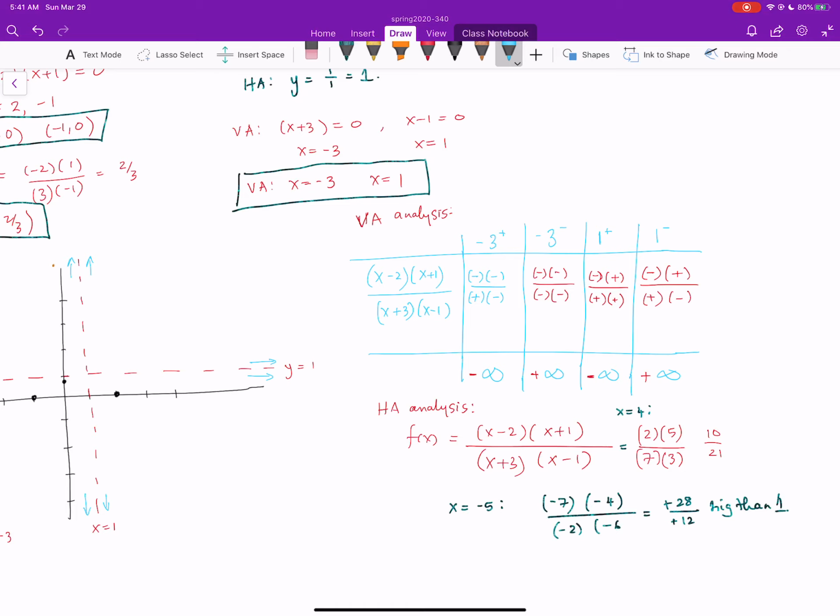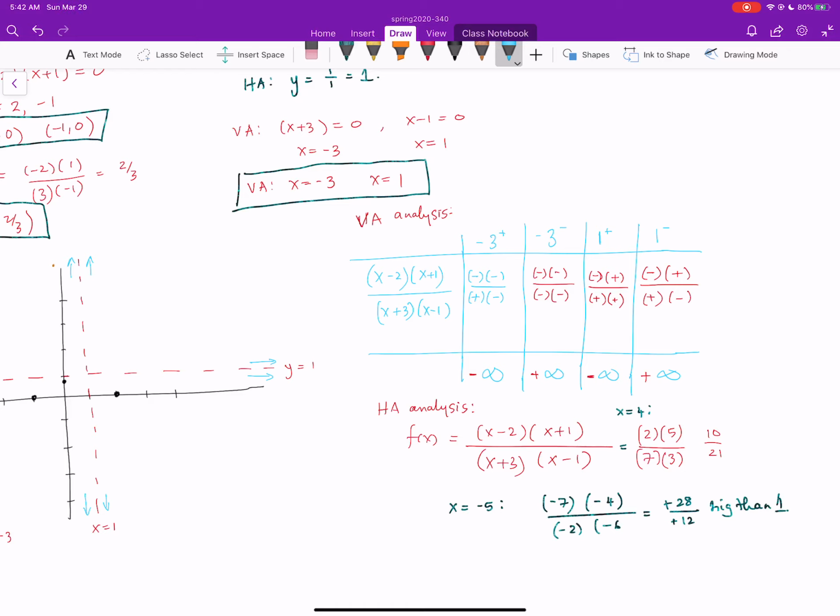We end up getting a negative, so as we approach negative 3 from the right, we get closer to negative infinity. You do the same thing for negative 3 from the left. If you pick, say, negative 3.001 and do the sign analysis, you see that the graph approaches positive infinity.